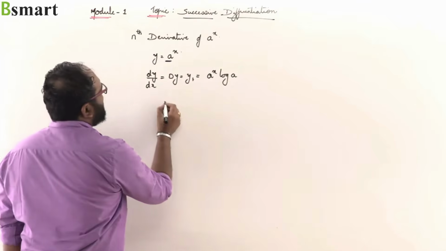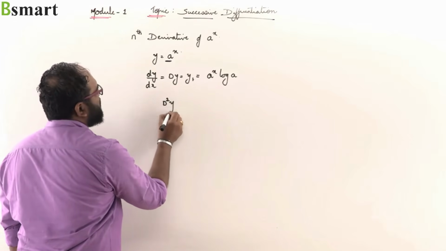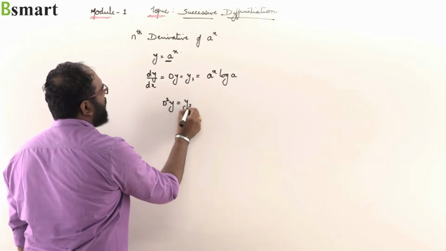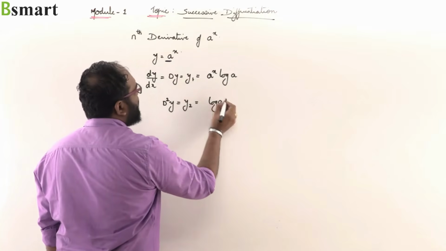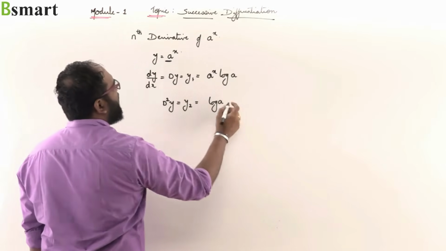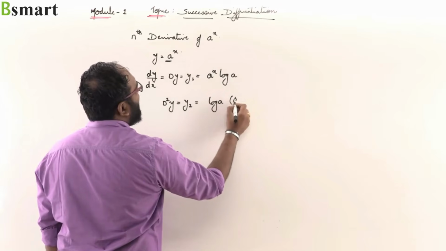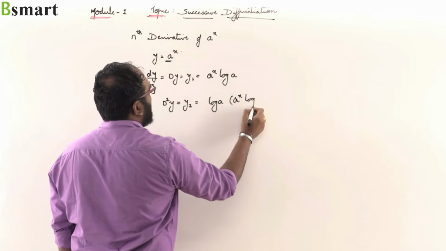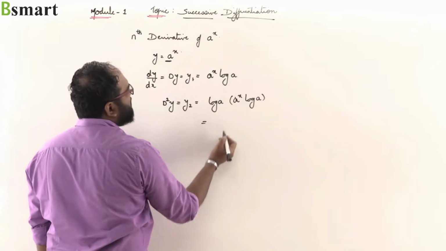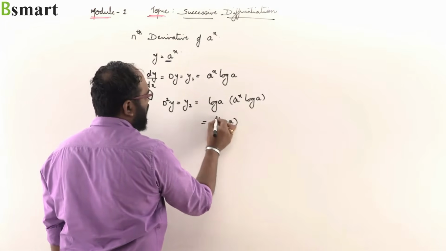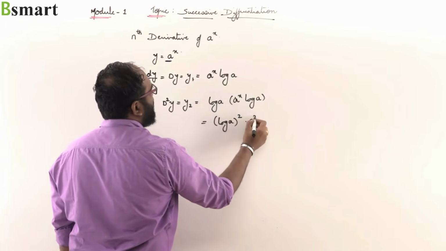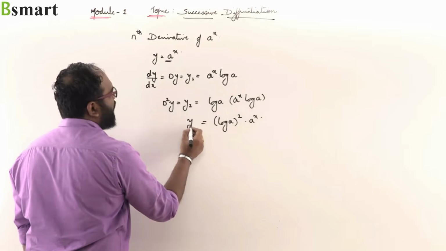Now, if I differentiate it again, d square y or y2 is equal to log a, which is a constant, times the derivative of a to the power x, which is again a to the power x log a. Rearranging, log a into log a is log a whole square into a to the power x. So this is the value of y2.